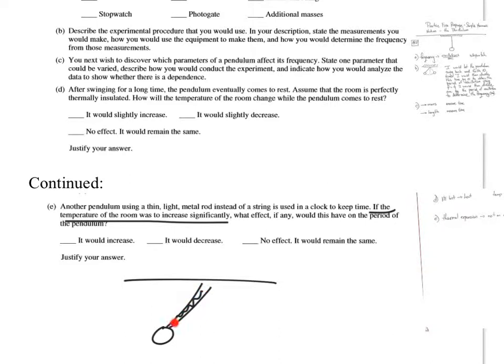So a piece of metal will actually increase in length as it gets hotter. So this question is saying that the length of the pendulum increases, therefore the period of oscillation would increase if the length increased. And remember our equation for period of oscillation of a pendulum, 2 pi square root of L over g. So if the length increases, the period of oscillation also increases.